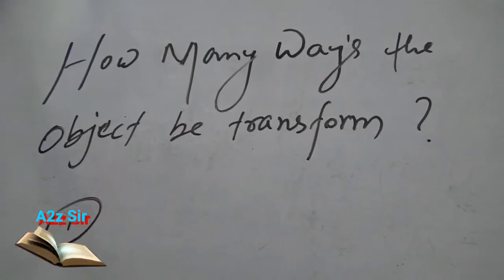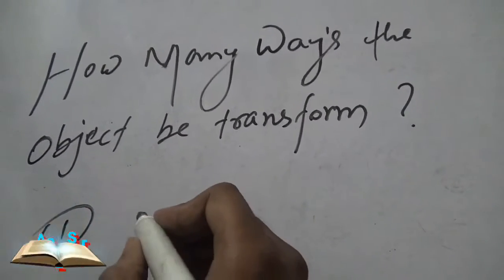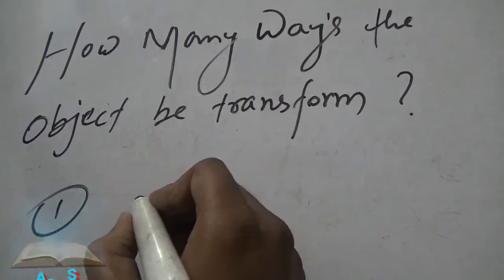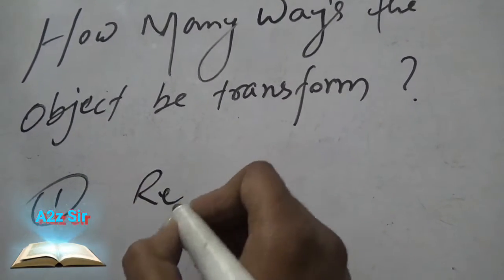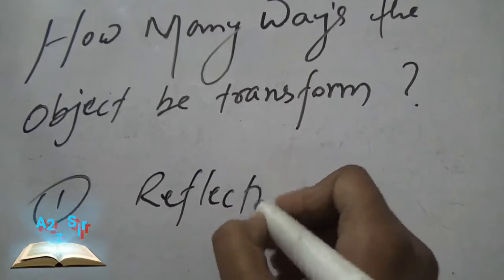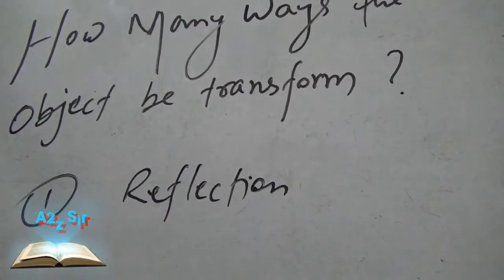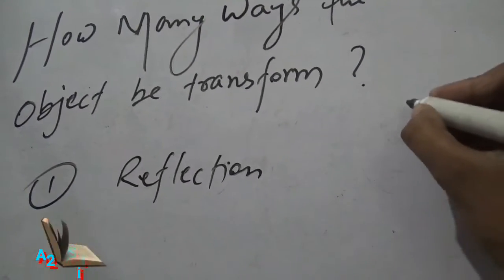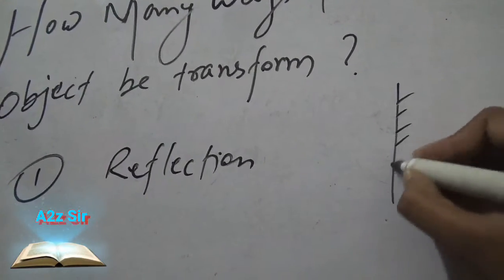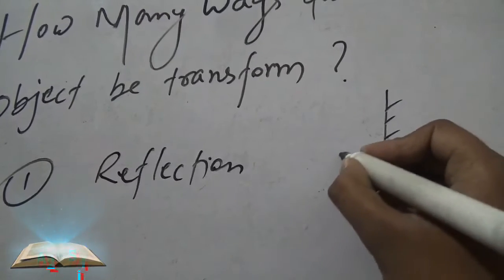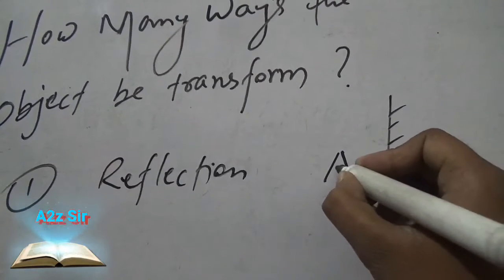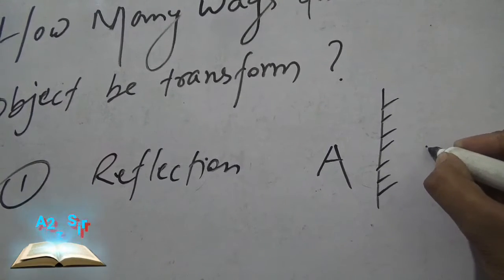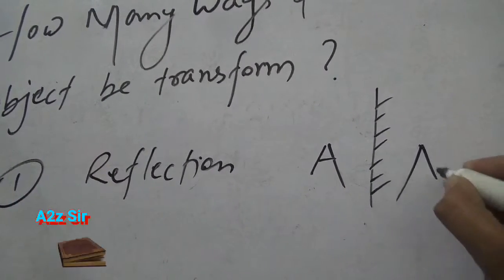First one we go for is generally the mirroring system, like a reflection. For school level, reflection: suppose this one is the mirror, and if there is a number or the letter A, it becomes like this.